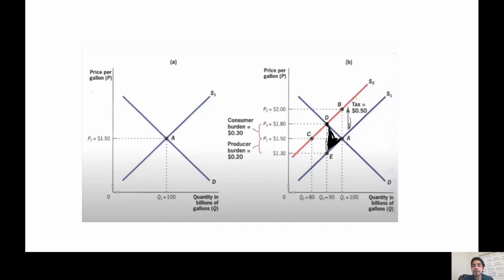Who bears the burden of the tax is determined by the elasticities, the sensitivity of change in price, of the demand curve and the supply curve.